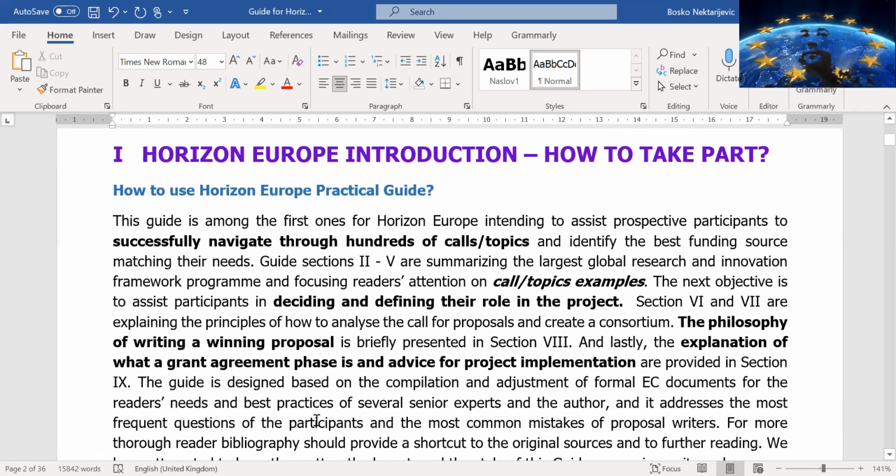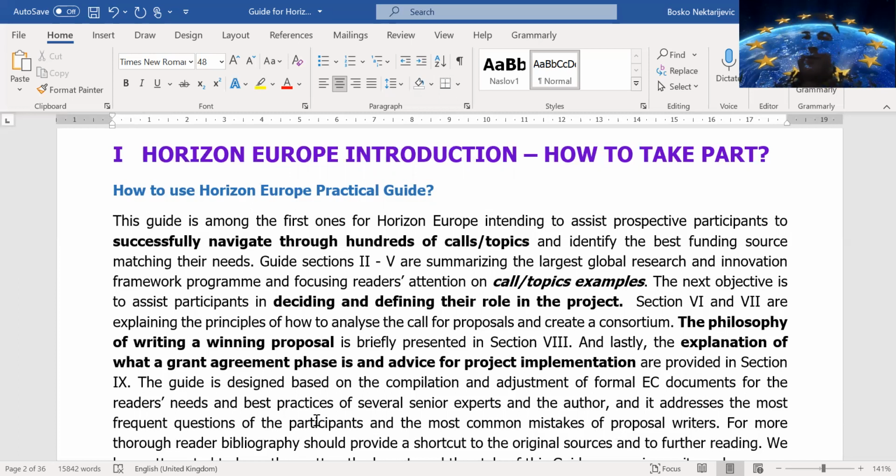Now, a few words about Horizon Europe and how to use this guide. So this guide is definitely among the first ones for the Horizon Europe, intending to assist prospective participants to successfully navigate through hundreds of calls and topics and identify the best funding source matching their needs.